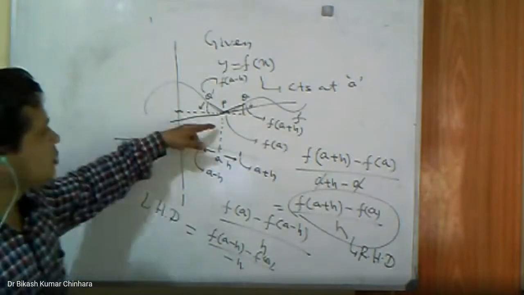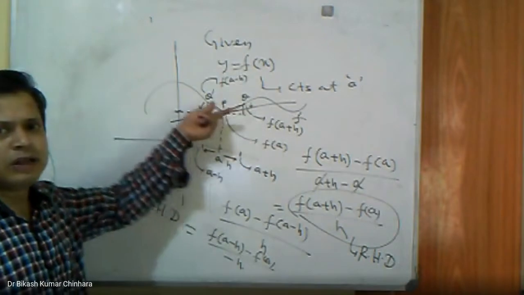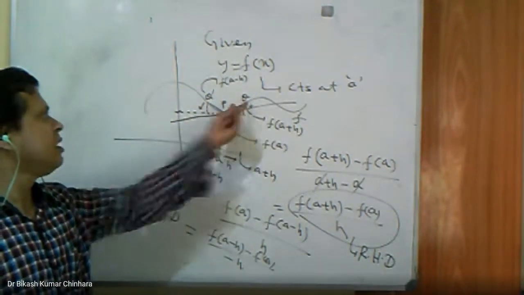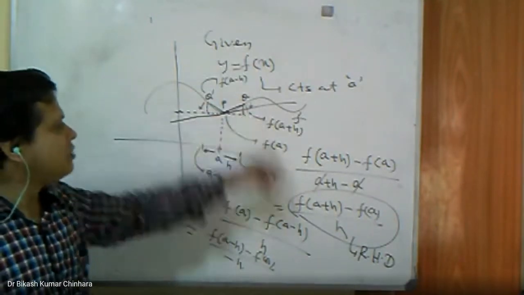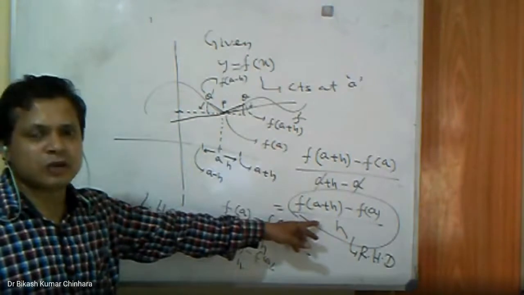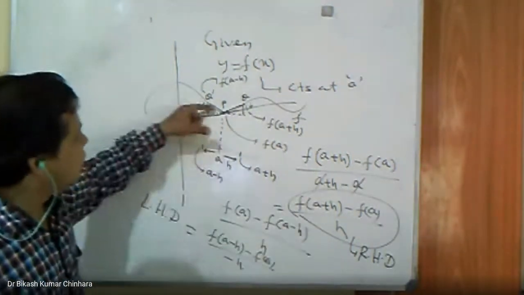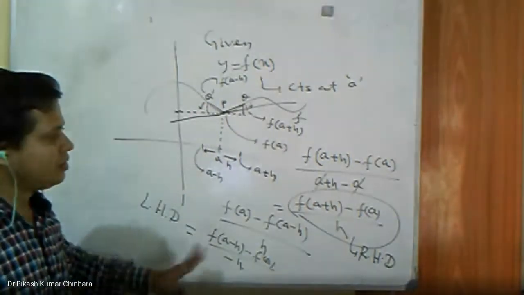Because tangent should be unique. So the position of Q has two chances. It may be here, or it may be here. According to that, if it is here, I'm defining a quantity for the slope of the tangent. This is your RHD, and for this case, I'm defining another quantity. This is called LHD.